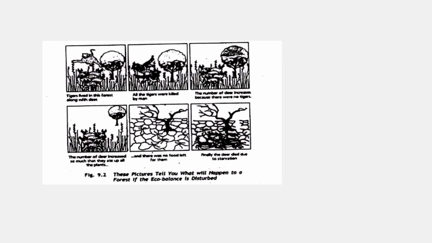The ecosystem is disturbed. I hope you understand. In the diagram, understand how the ecosystem is affected that resulted in disturbance of the ecobalance. Here it is an example for disturbance in the ecobalance in a forest.